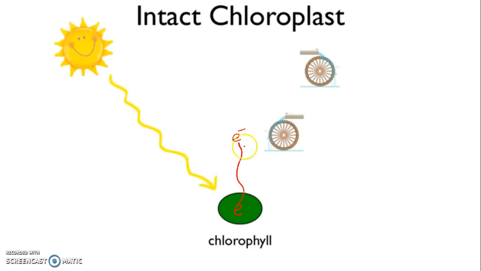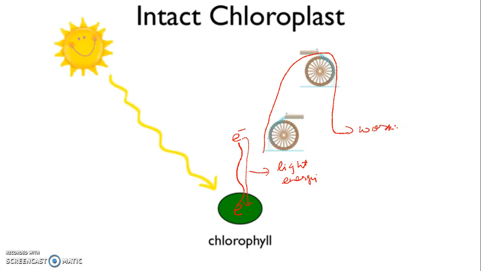But this electron, after absorbing the light and going to the excited state, is going to come back to its ground state. And when it comes back to the ground state, it's going to emit light and energy. This energy from the electron which came back to the ground state is going to be harnessed by the proteins in the chloroplast to do work.